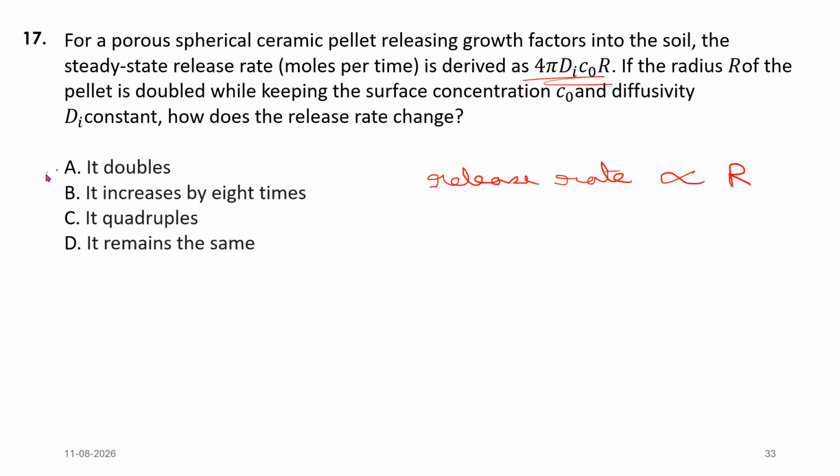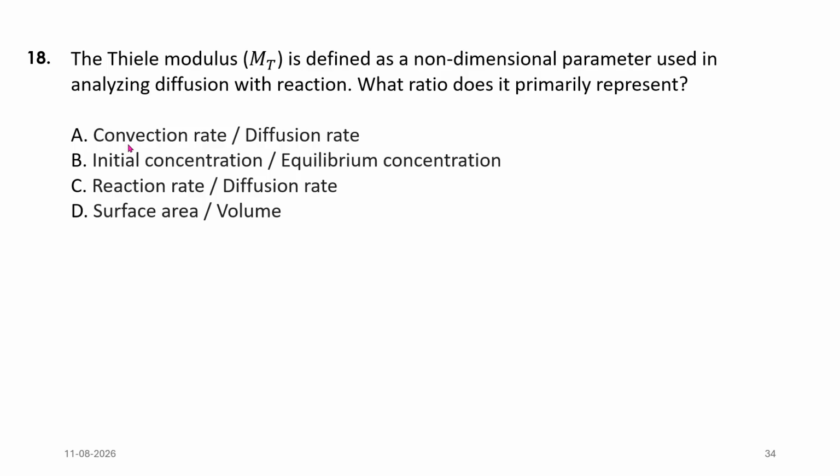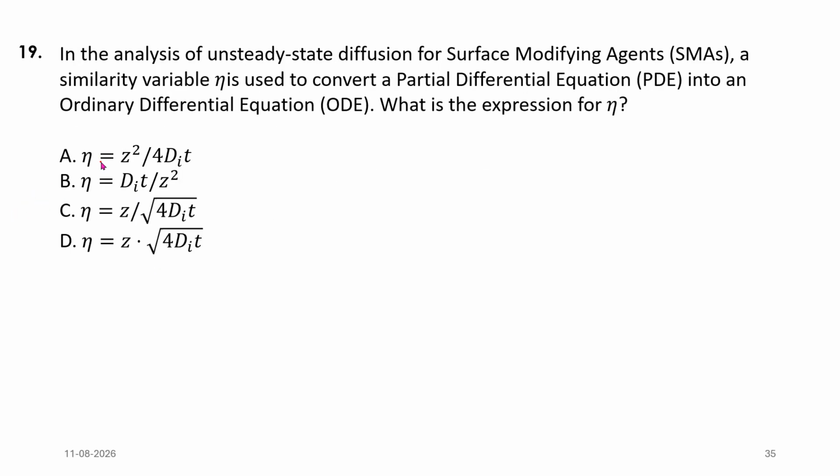The Thiele modulus is defined as a non-dimensional parameter used in analyzing diffusion with reaction. What ratio does it primarily represent? It is the reaction rate by the diffusion rate, option C. Next. In the analysis of unsteady state diffusion for surface modifying agents, a similarity variable eta is used to convert a partial differential equation into an ordinary differential equation.